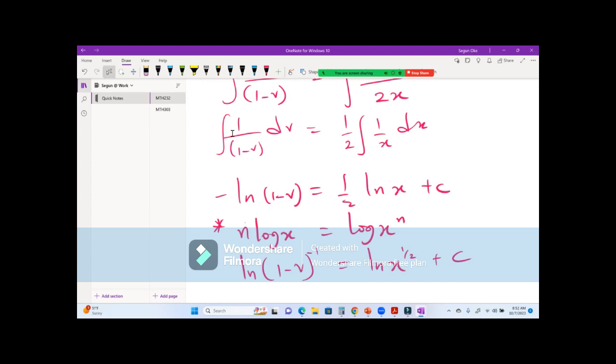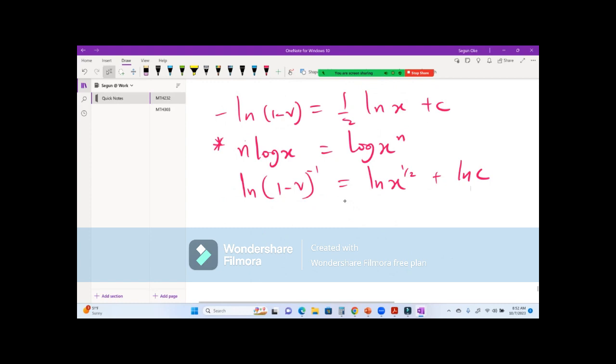But the major thing we can always do in this case is, if we just call this one ln c, remember the law that says ln a plus ln b is the same thing as ln ab.